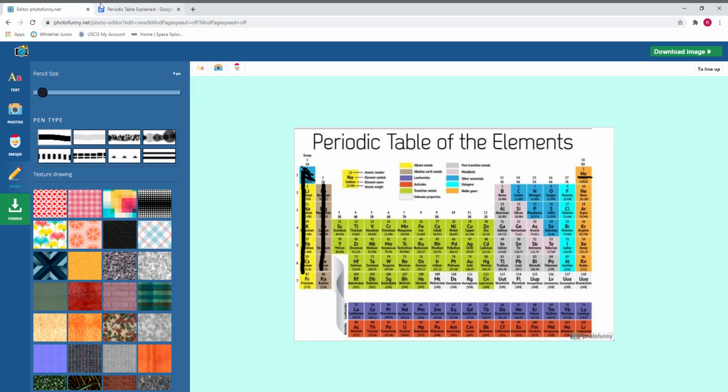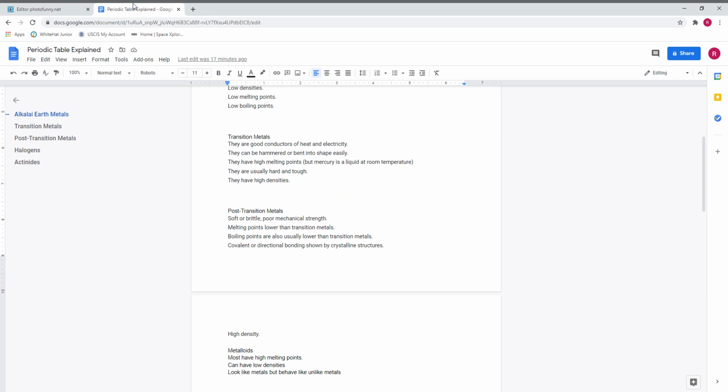The next one we'll talk about are other nonmetals. They include hydrogen, carbon, nitrogen, oxygen, phosphorus, sulfur, and selenium.